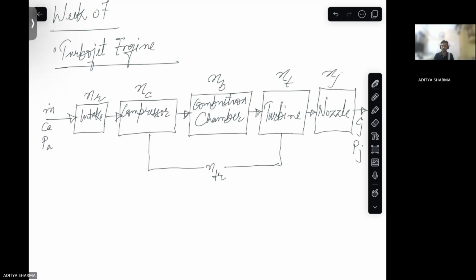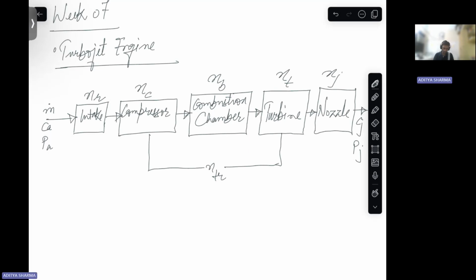The transmission of work from turbine to compressor will have losses. Numerically, we see it in terms of this eta TR, that is the transmission efficiency.